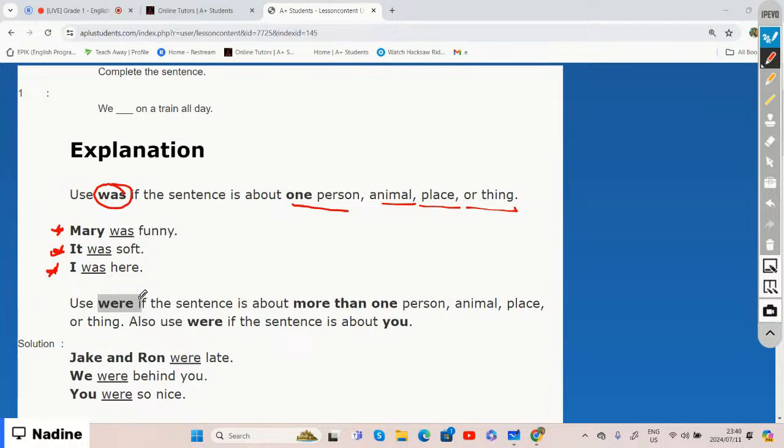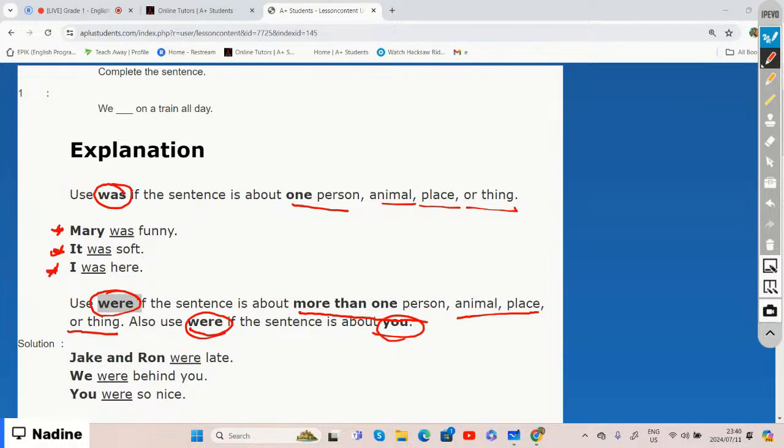We use were if the sentence is about more than one person, more than one animal, more than one place, or more than one thing. And we can also use the word were if we're referring to the word you. So if we are talking about another person, we say you are 7 years old. You are beautiful.